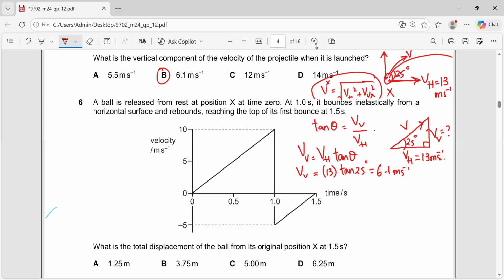Question number 6 says a ball is released from rest at position X at time t of 0.